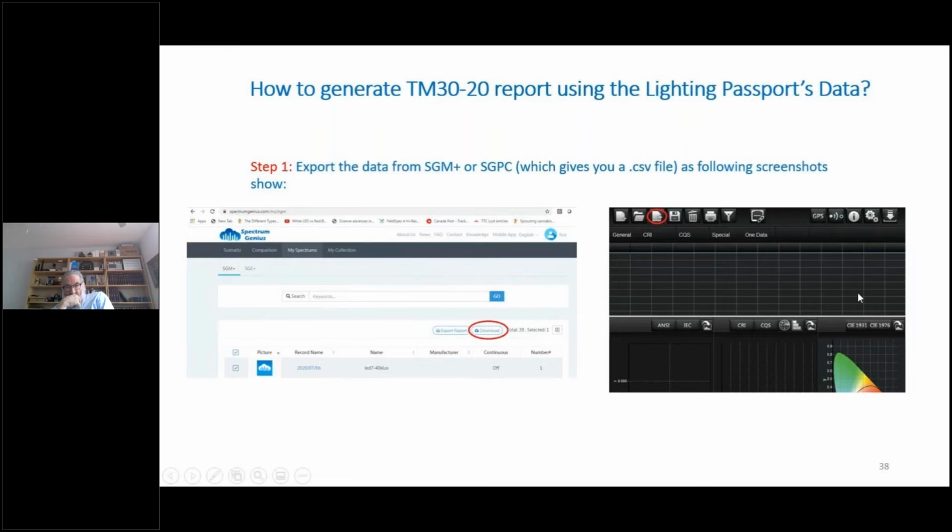And for those of you who are using the PC software, you can again use this download button here. Of course, you have to first specify under settings which directory you want this to be saved as, and you can retrieve your data from there.